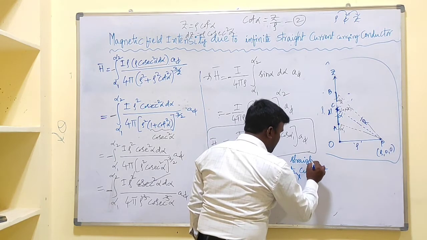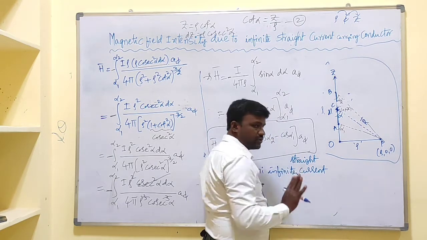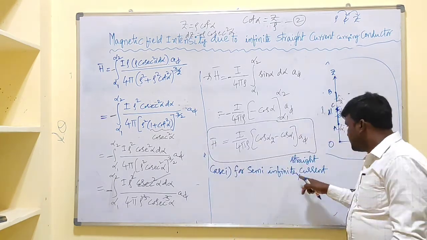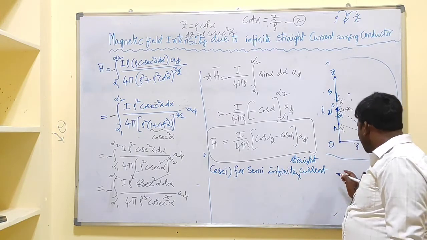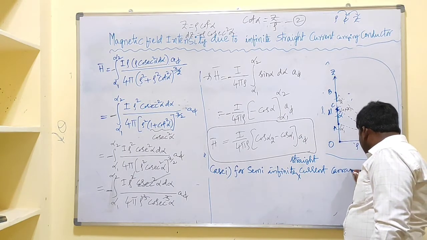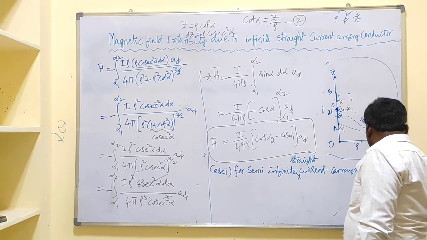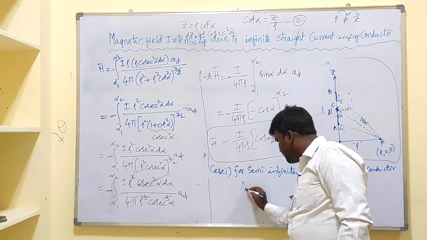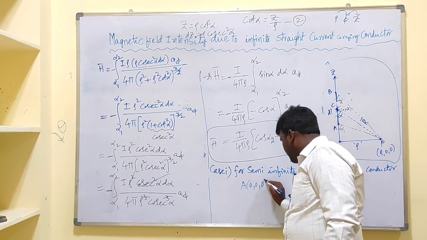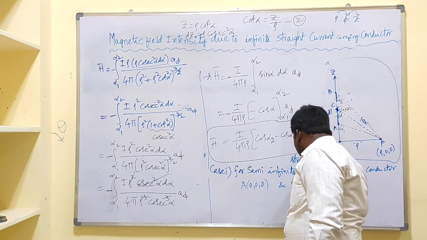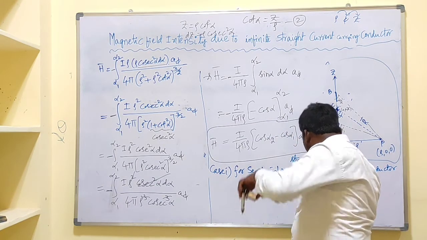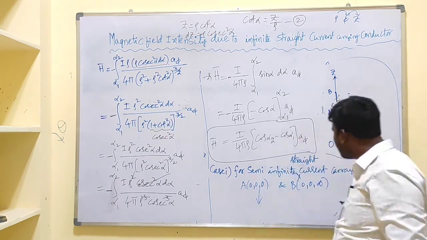Remember one thing, this current carrying conductor should be a straight one. For a semi-infinite straight current carrying conductor, A should start at 0, 0, 0 and B should be at 0, 0, infinity.